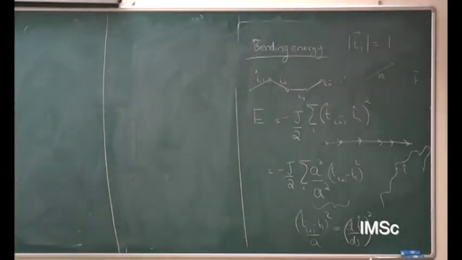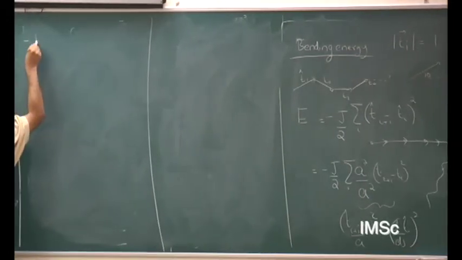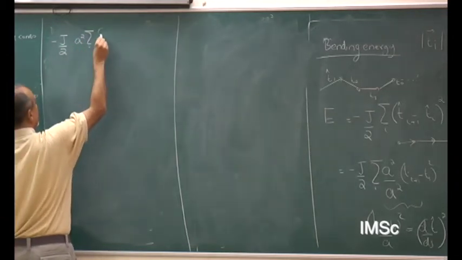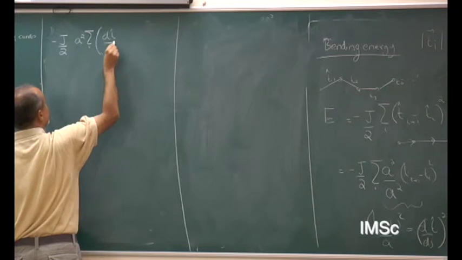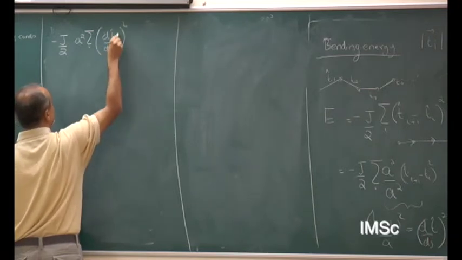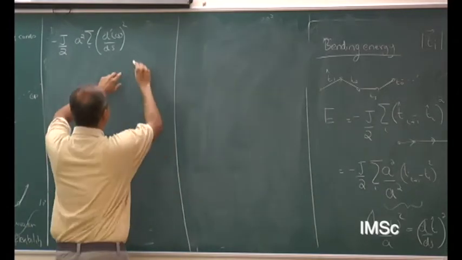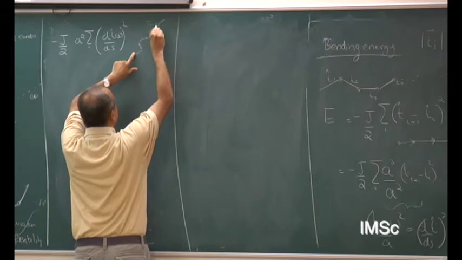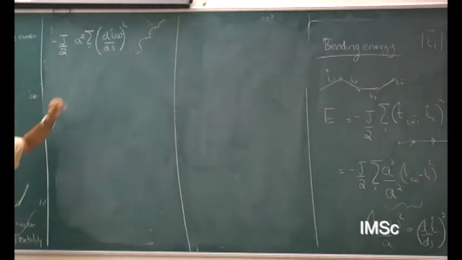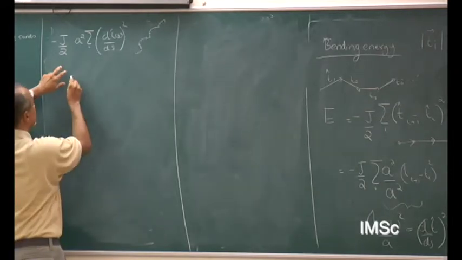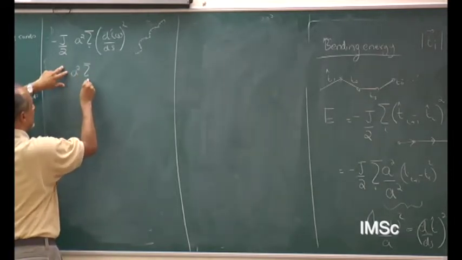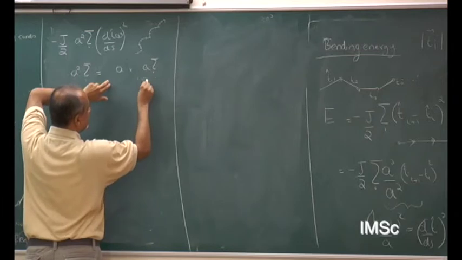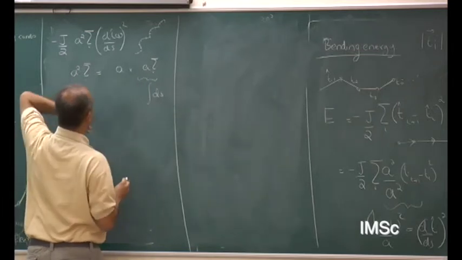So that particular term I have is minus J divided by 2 a squared, sum over i, and what I have here is d t hat by ds the whole squared, where s is some coordinate that tells me the distance along the particular chain. It fulfills the same role that i did earlier. But now I can write a squared sum over i as a times a sum over i, and this quantity I can take to be an integral over ds.